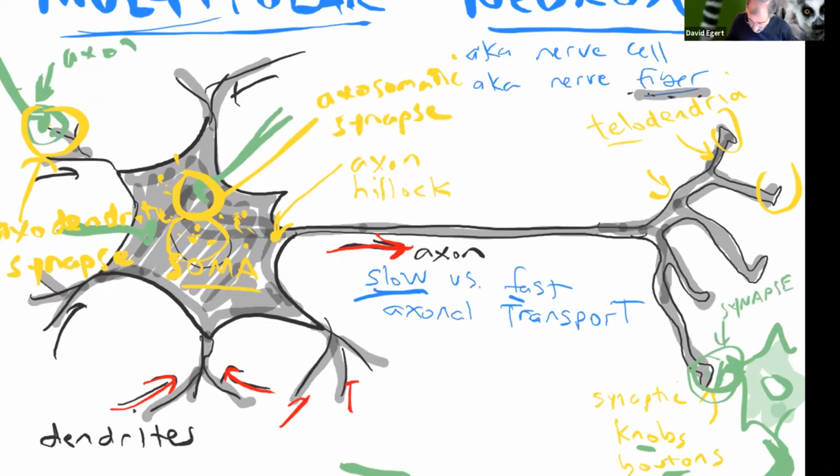So fast axonal transport is more like a railway system. It's fast. It has microtubules that run along the length of the axon. There are special little motor proteins, these little kinesins, that basically walk along the microtubules.